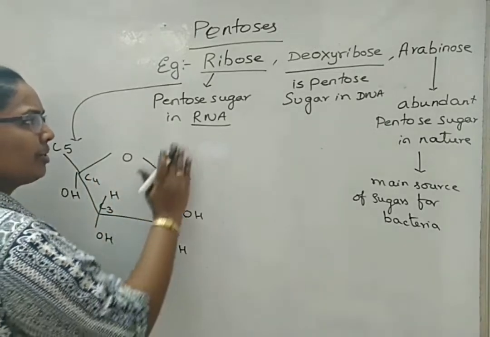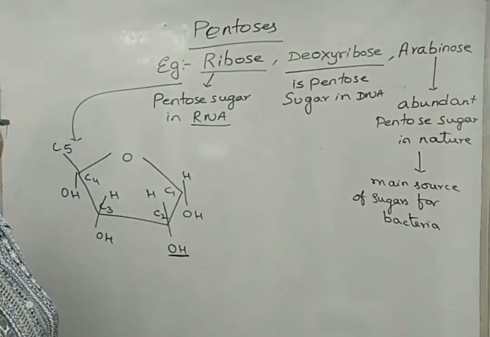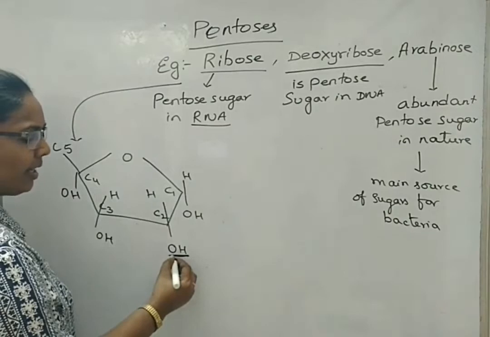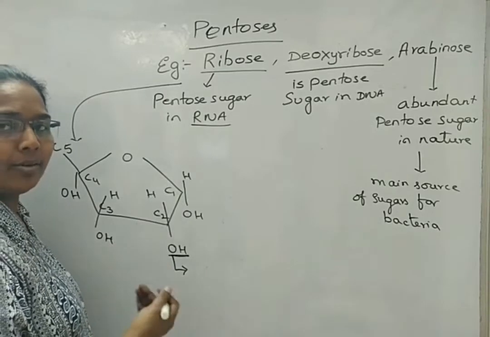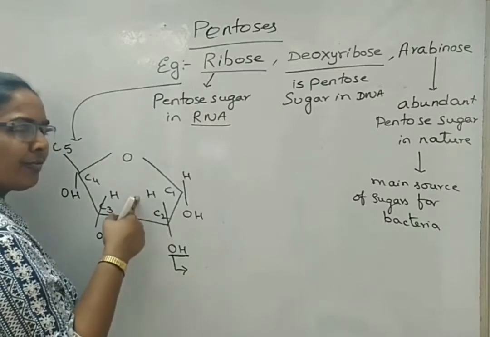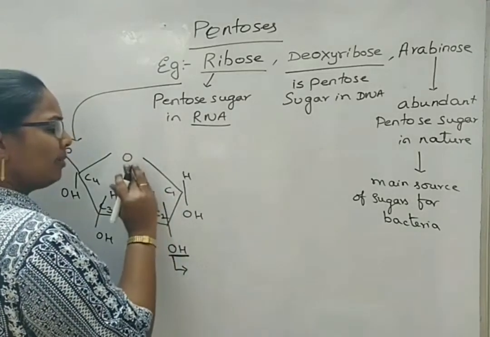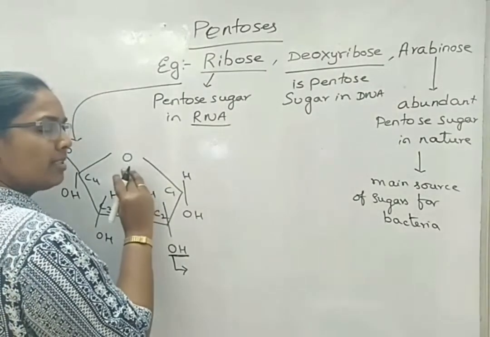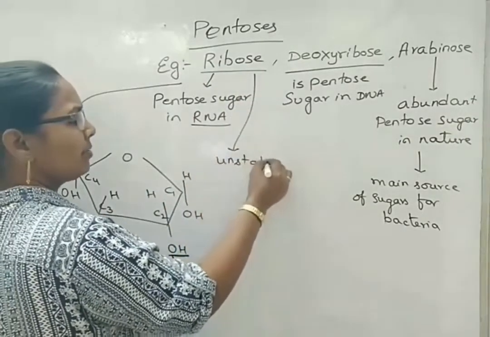Now, in case of ribose sugar, the oxygen at the second position of the carbon is considered an unstable atom, because it has a different nature of binding with metals and easily undergoes hydrolysis in the presence of water. Only the oxygen at the second carbon of ribose sugar has such a nature. So the pentose sugar ribose is considered an unstable sugar.